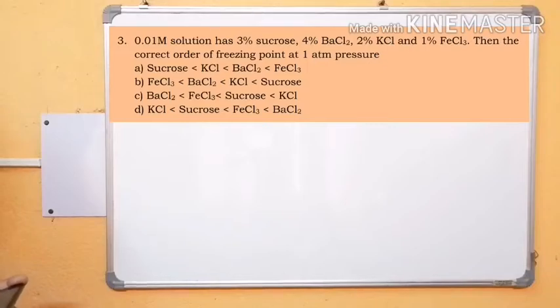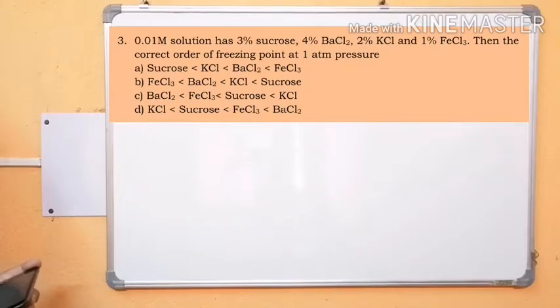There is elevation of boiling point and lowering of freezing point, or depression in freezing point. So the solution which contains more number of particles, that is more i value, will have more lowering of freezing point. So that solution will have minimum freezing point. So we have to consider barium chloride, potassium chloride, ferric chloride and sucrose.